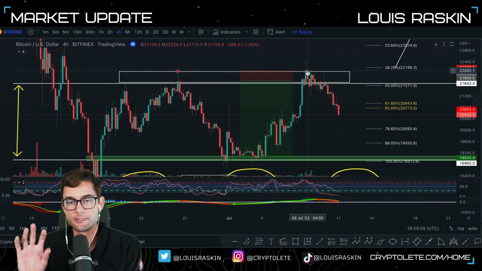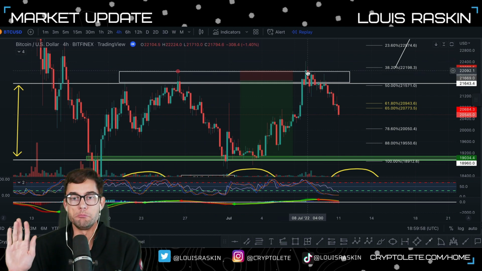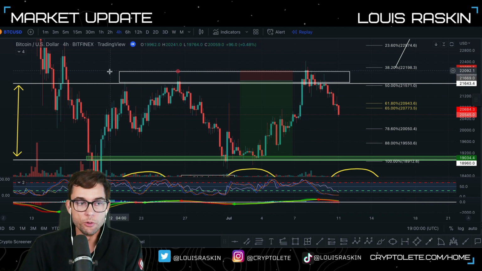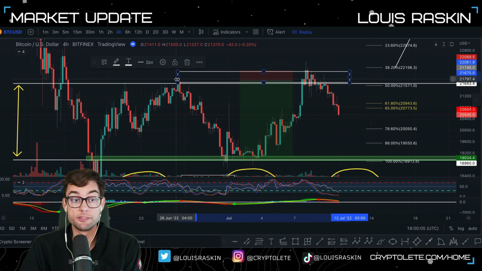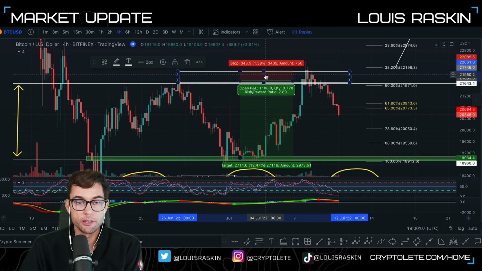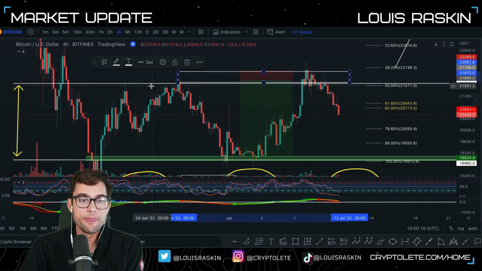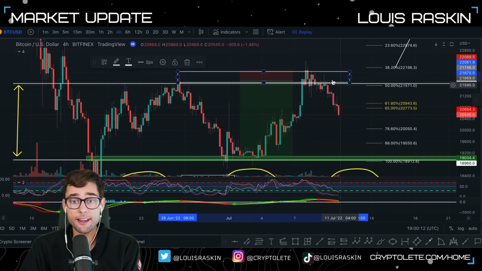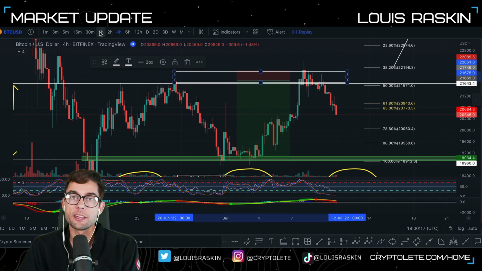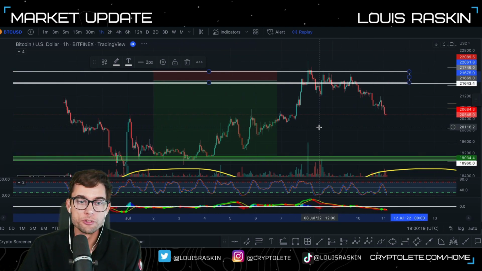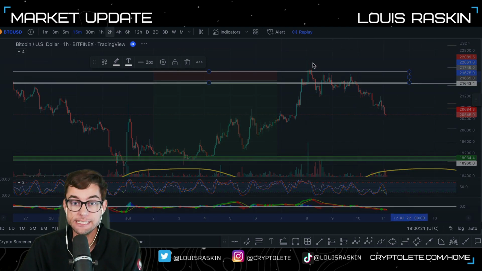So instead of just doing that and then that's it, what you would do is plot this out and say, okay, this is definitely the area of interest, and this is definitely the area where I want to short. And then once we get into that area, you start looking at the candles and the price action, even all the way down to the 1-hour chart, maybe even the 15-minute chart.